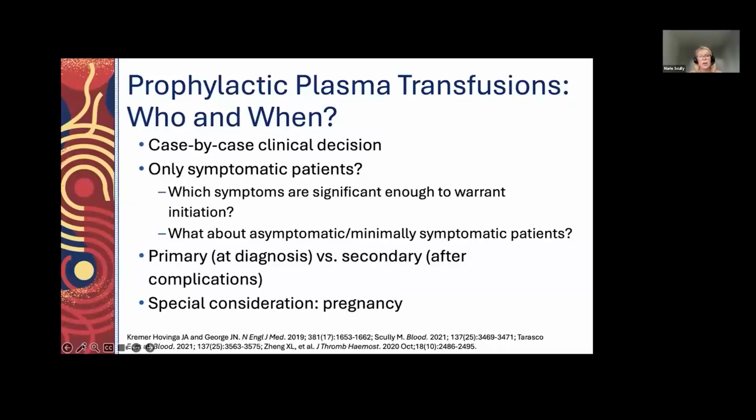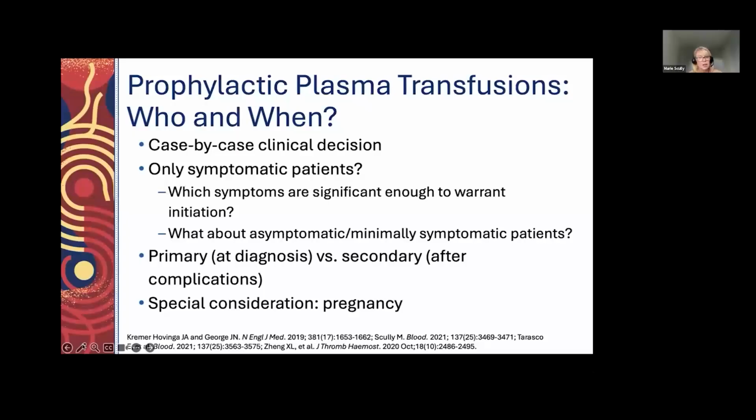Or should we suggest giving patients plasma when they're asymptomatic and they have no symptoms? And there are arguments pro and against both these options. But from our previous talk, you can see the impact of ongoing low ADAMTS13 activity levels. And even if patients don't have obvious symptoms, acute symptoms, longer term, there is evidence of end organ damage.